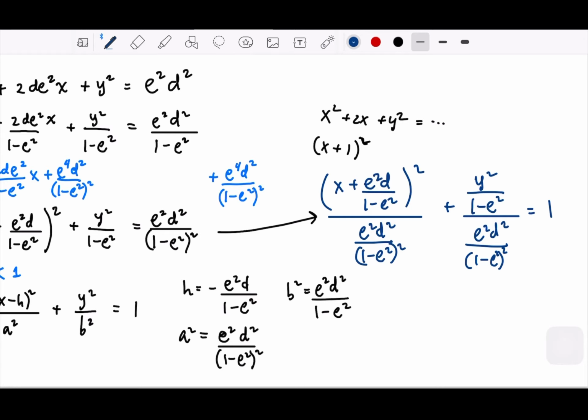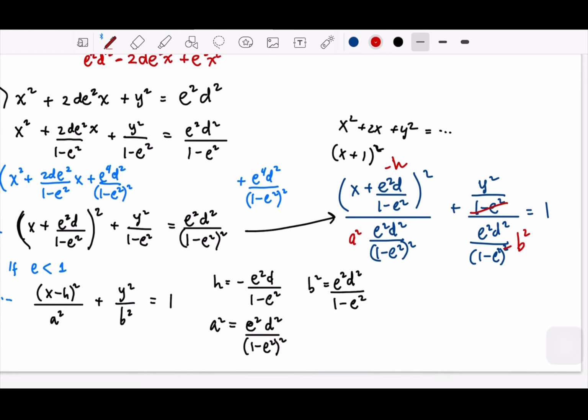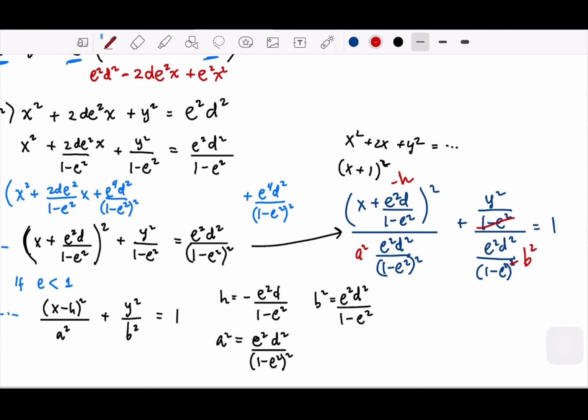And this will be 1. Okay. So this will be A squared, right? And this will be canceling. So this will be B squared. And this will be H, right? Or minus H.